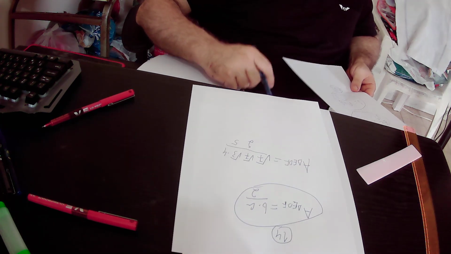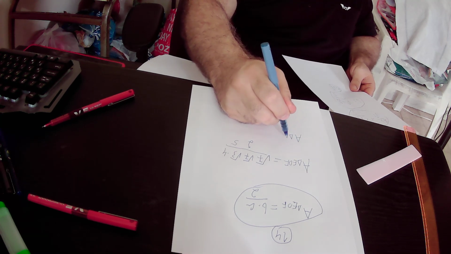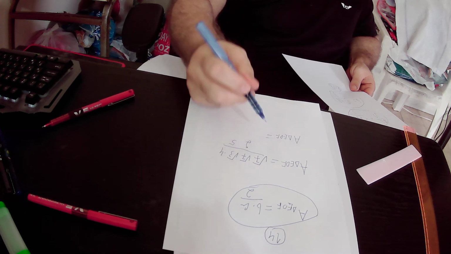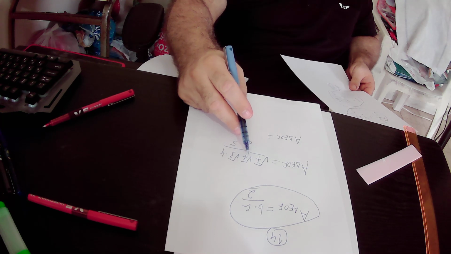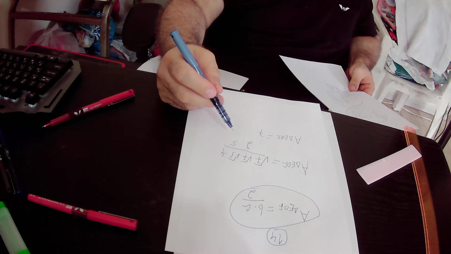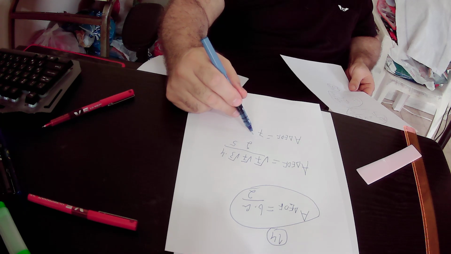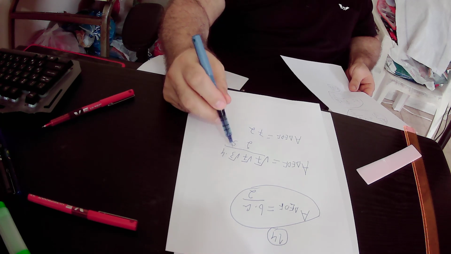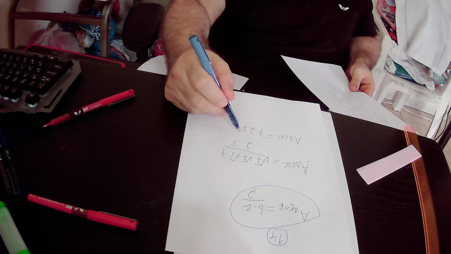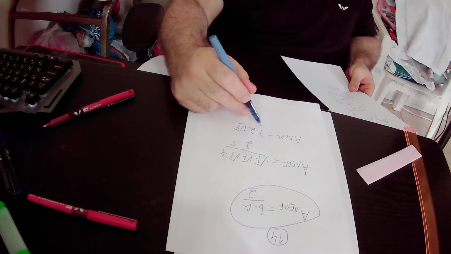So the area of the green triangle EDF equals root 7 times root 7, which is 7, and 4 over 2 is 2, times root 3 over 5.